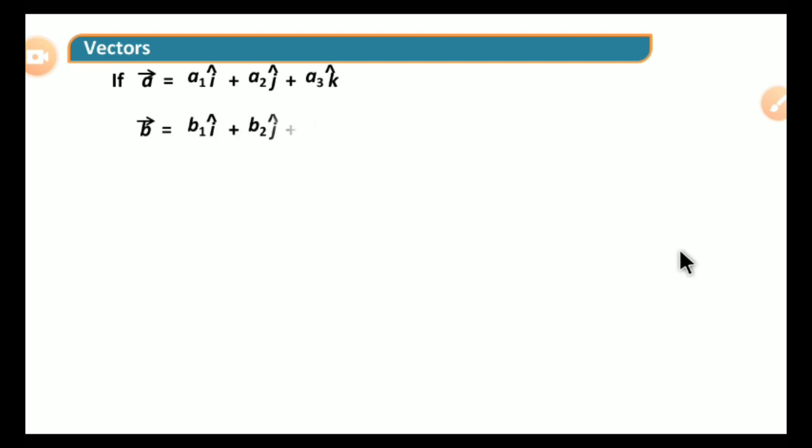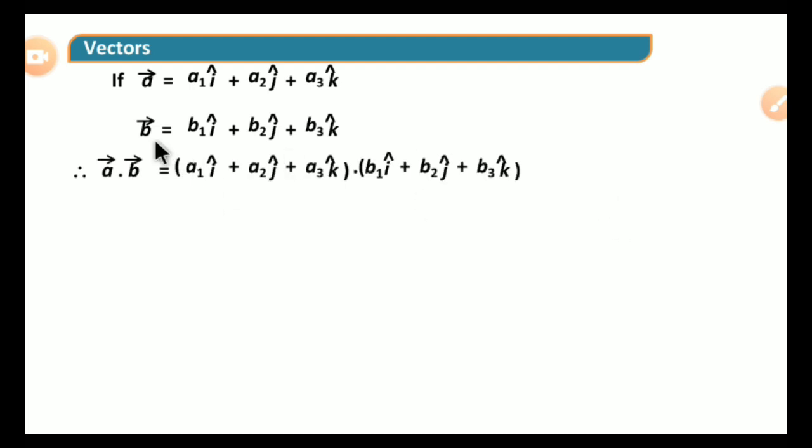Now consider generally, if vector A is equal to a1i plus a2j plus a3k, and vector B is equal to b1i plus b2j plus b3k. Here we can consider the dot product of these two vectors. I am going to take the first vector dot product with the second vector.